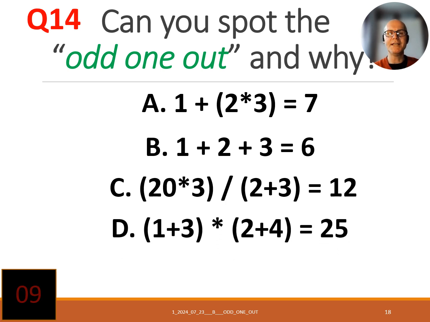And option D. 1 plus 3 in brackets times 2 plus 4 in brackets equals 25. What's the odd one out and why is it the odd one out? Again, work it through using BODMAS.